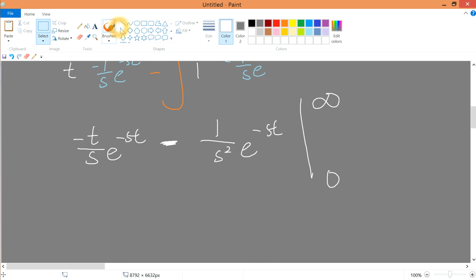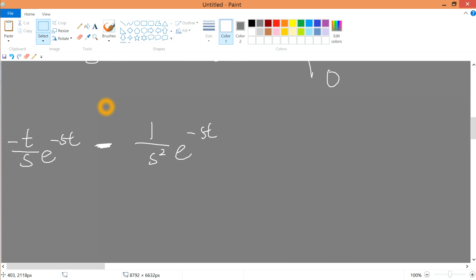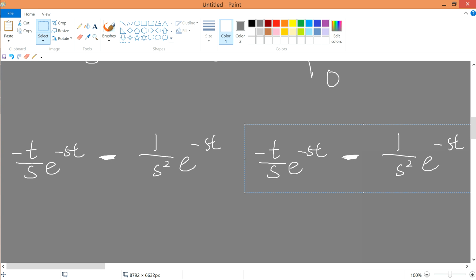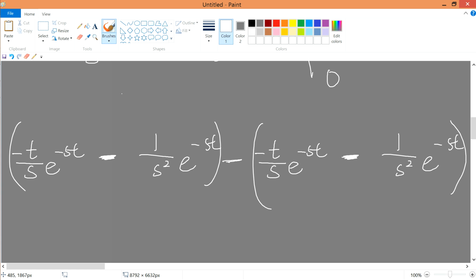And therefore we have something conclusive, but we haven't finished yet. I have to solve for the definite integral. So I'm going to take this thing and just place it over here, and then this is minus. I'm going to sub in when t is equal to infinity and t is equal to 0 over here.